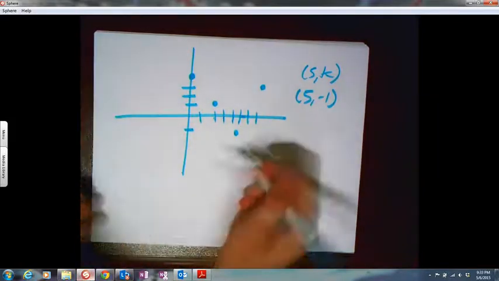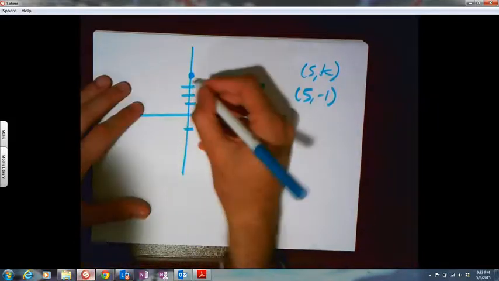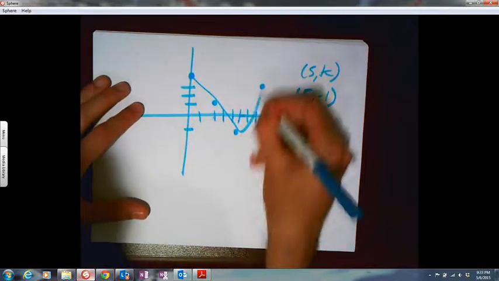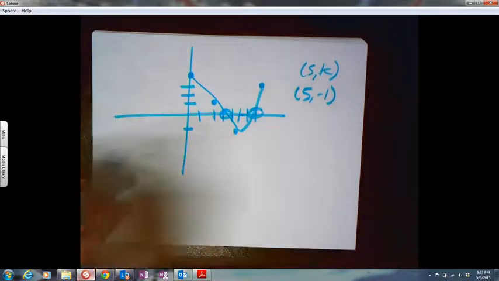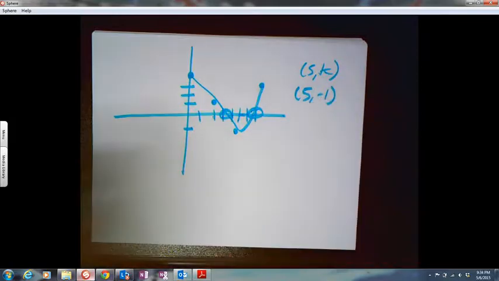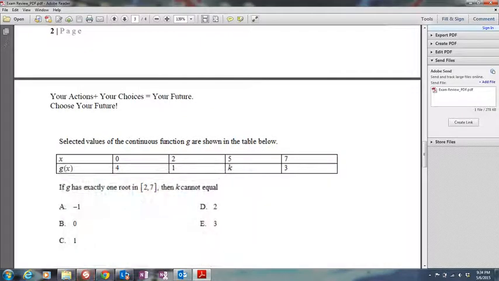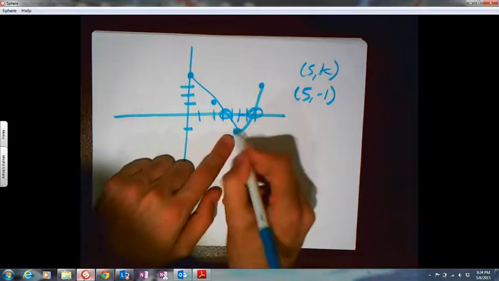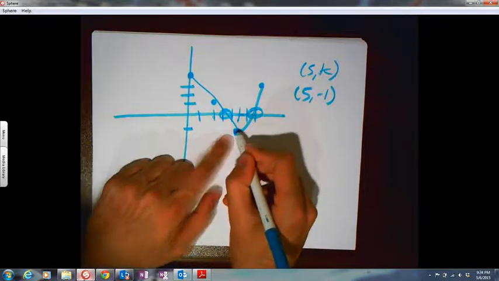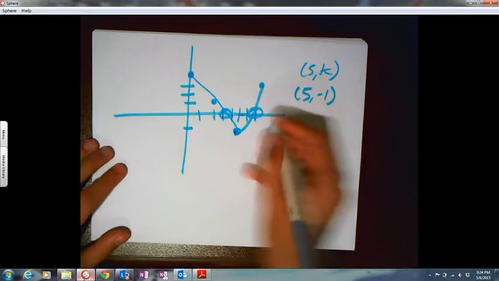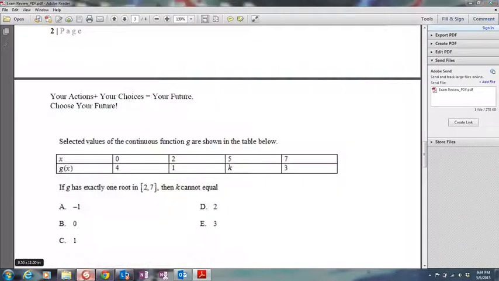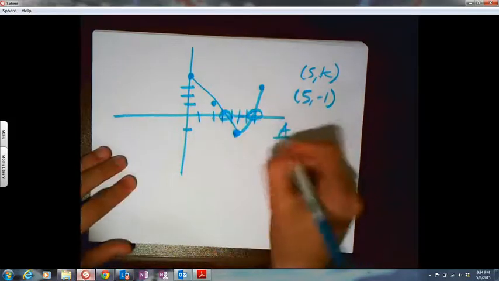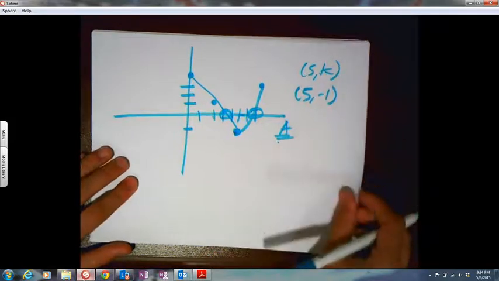How can you draw this? Well, there's a lot of ways, but if it's continuous, it has to go down and up and have two roots. That's not possible. Because the question says, if g has one root, then what can k not be? k cannot be negative 1. Because if k is negative 1, we have to have two roots. So the answer is A, k cannot be negative 1.